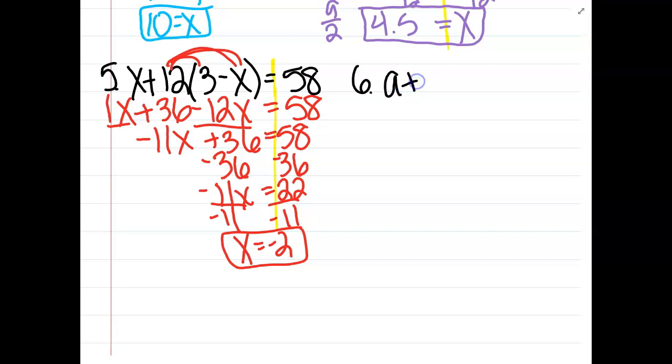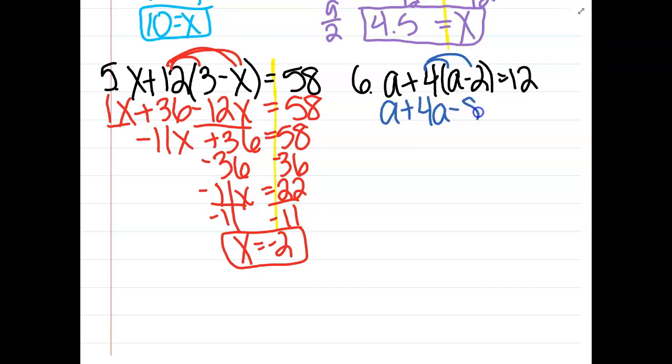a plus 4 times the quantity a minus 2 equals 12. Okay, what's the first step? Distribute. So we're going to distribute the 4. So we have a plus 4a. 4 times a minus 2 is going to give me a minus 8.